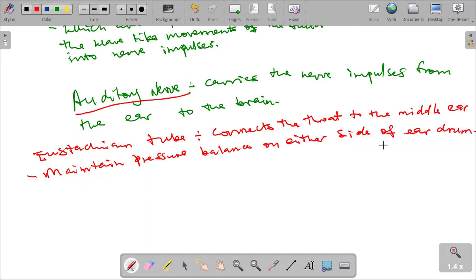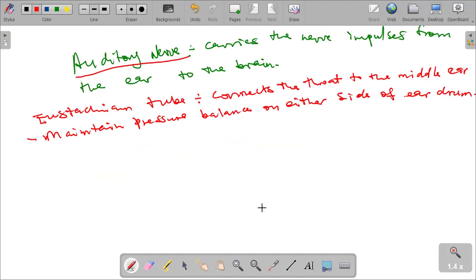So in other words, the eustachian tube helps to release pressure that might arise within the middle ear. Last but not least, it ensures free vibration of the eardrum.